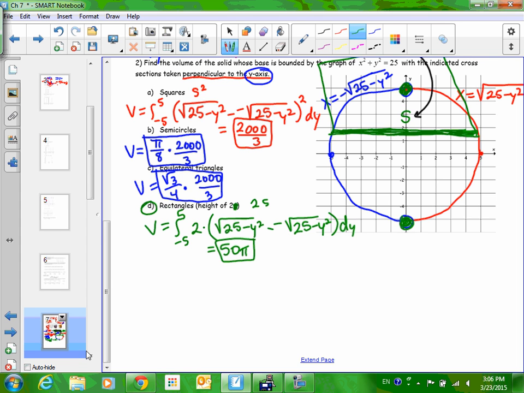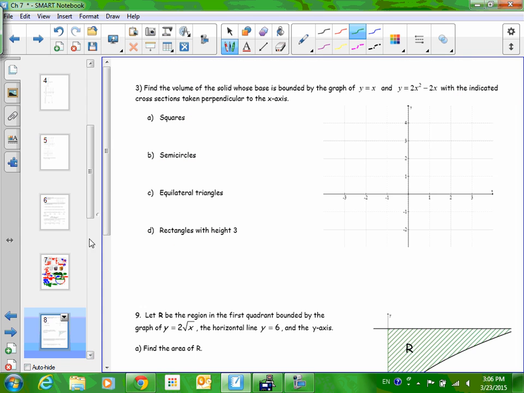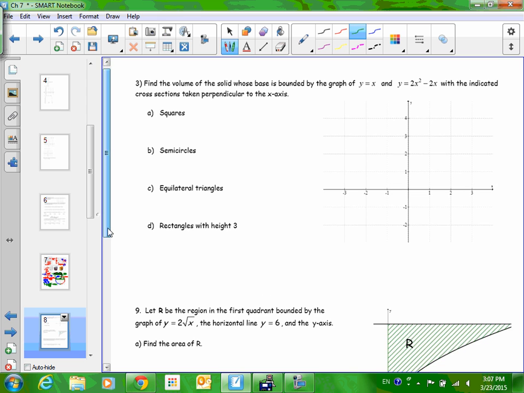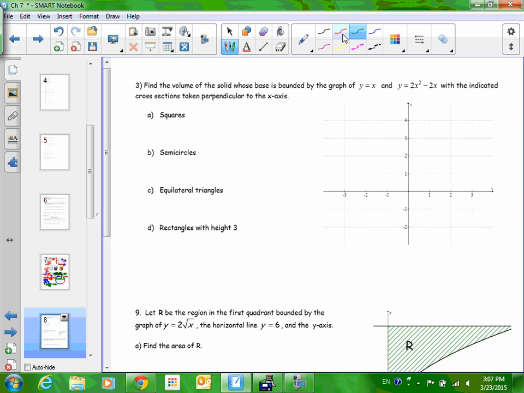Okay, I want you to turn the page because I want you to see the variety of problems. We're going to look at number 3 and then we're going to be done. Okay, so we got to graph this. Looking at those equations, does this look like a with respect to x or y problem? It looks like a with respect to x problem, and it is, because I see this phrase, perpendicular to the x-axis.